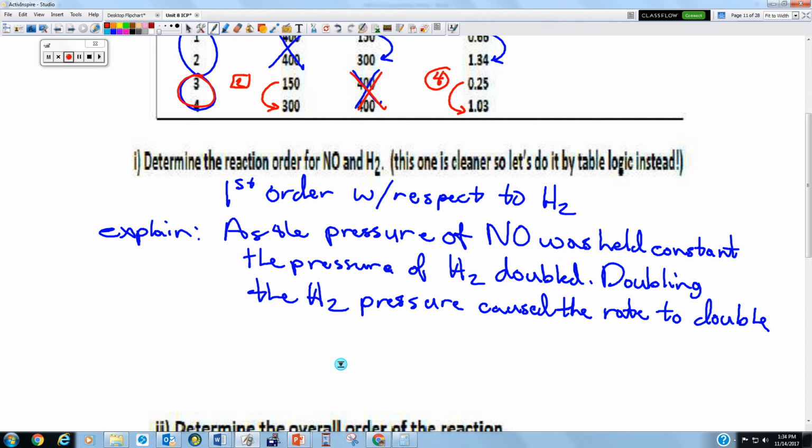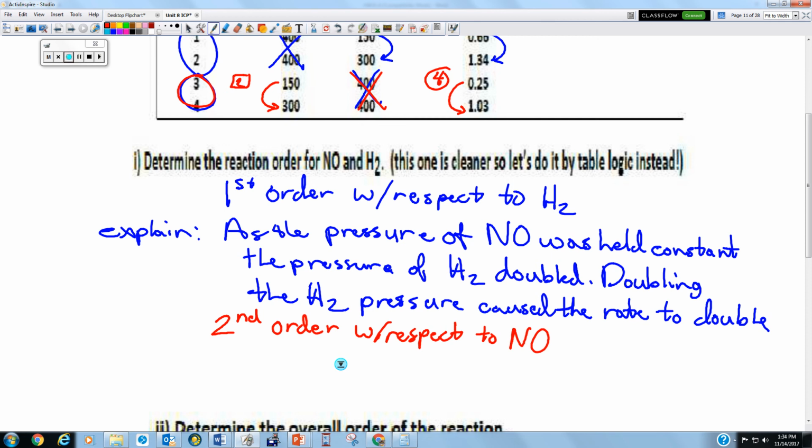So it is second order with respect to NO. Now, what would you say is your justification statement for this one?